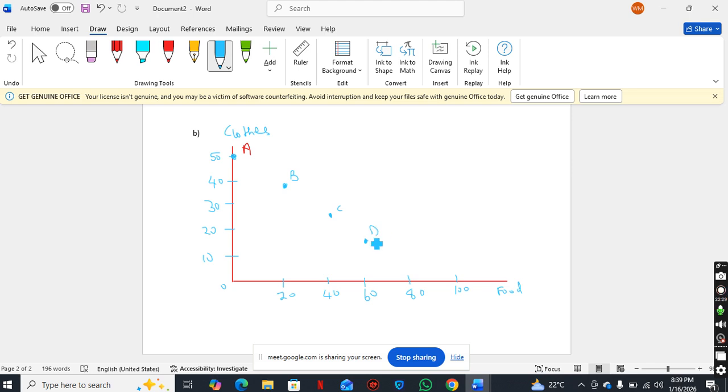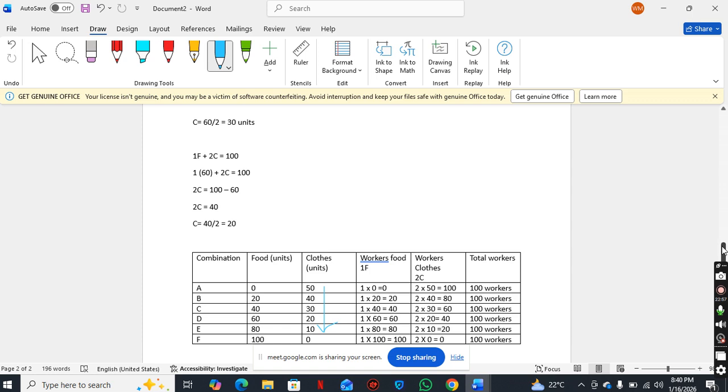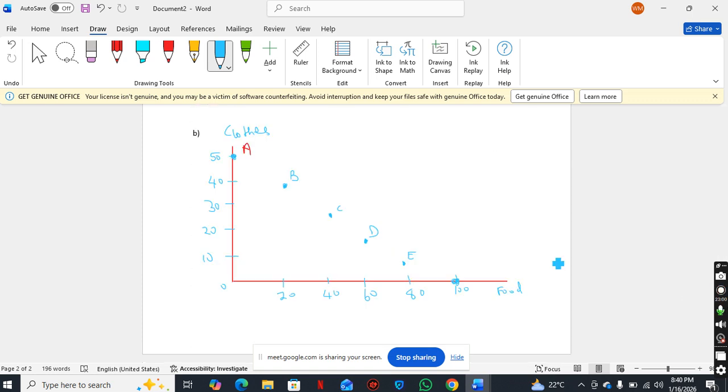Combination E, 10 units of clothes and 80 units of food. Then the final combination, which is F, 0 units of clothes and 100 units of food.